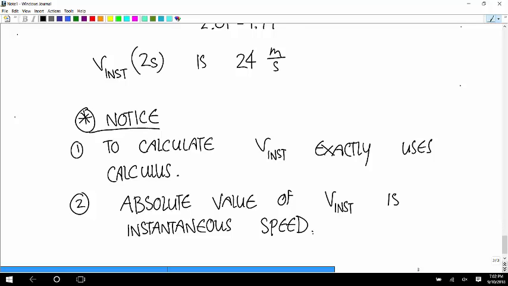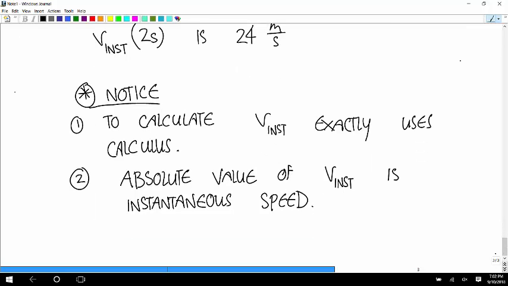But it has to be the case that if you take the absolute value, it agrees with your speedometer. The sign of the instantaneous velocity tells you which direction you're moving.